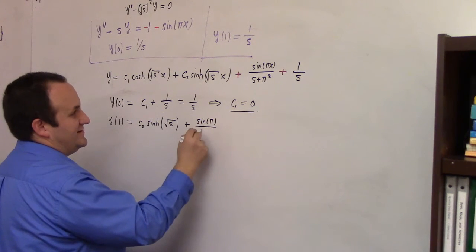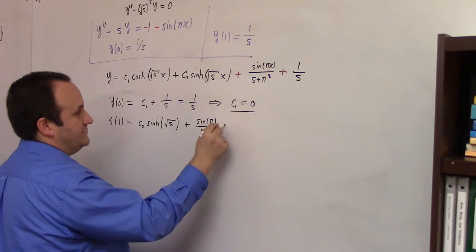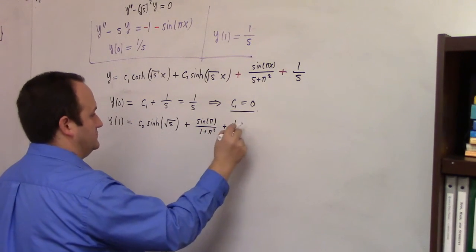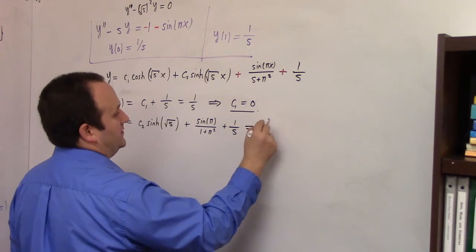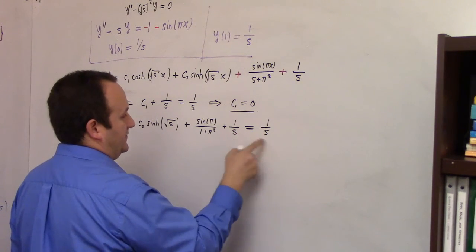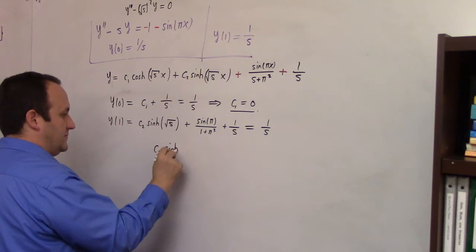Sweet. So that's equal to what? 1 over s, right? So these cancel, that's 0. So we get C2 times sinh of the square root of s equals 0.